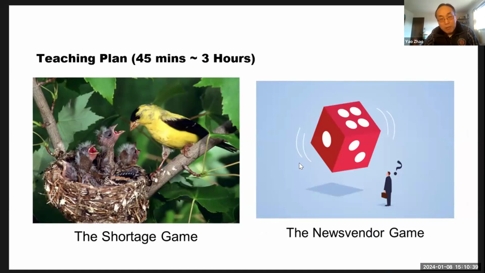But if you combine this game with the newsvendor game to teach the newsvendor model, it could take up to 3 hours. The benefit of combining these two games is that students can learn a lot, because these two games require a completely different mindset.